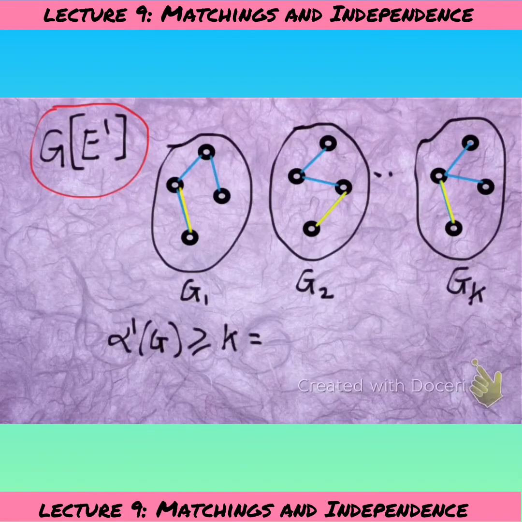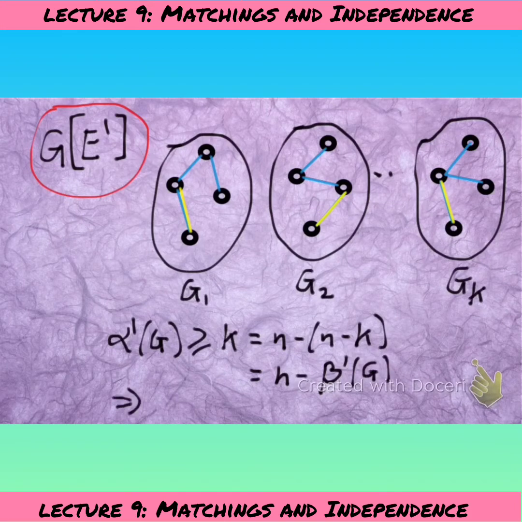But we can write k as n minus k, right? And we said that n minus k is exactly equal to the quantity beta prime of G.